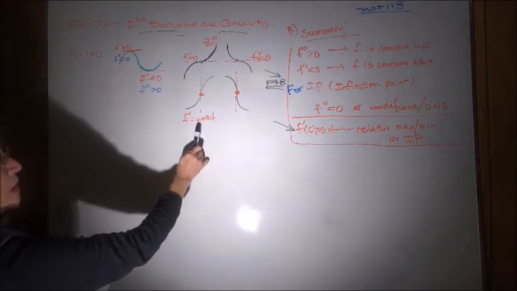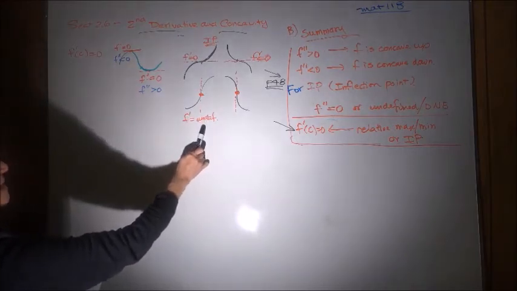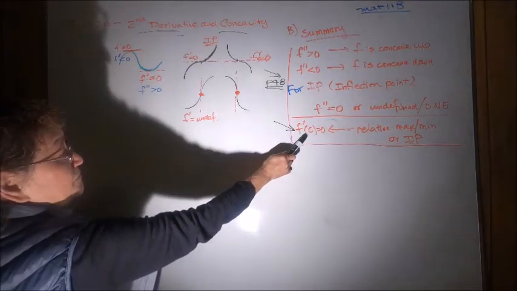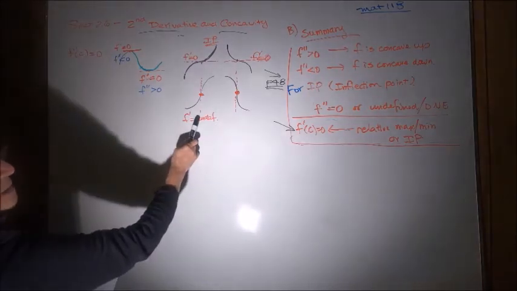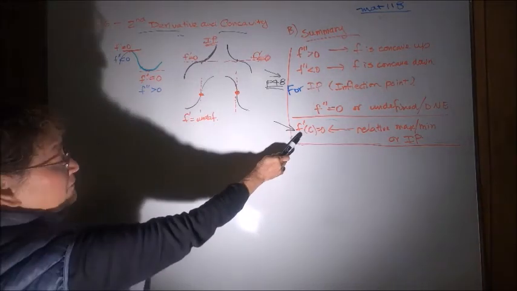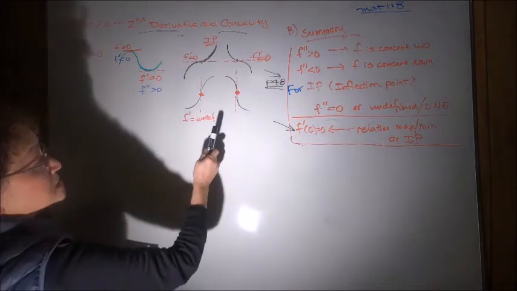Then when f prime is undefined, okay, like this, then you have what? This one, f prime is 0. That's for this case.